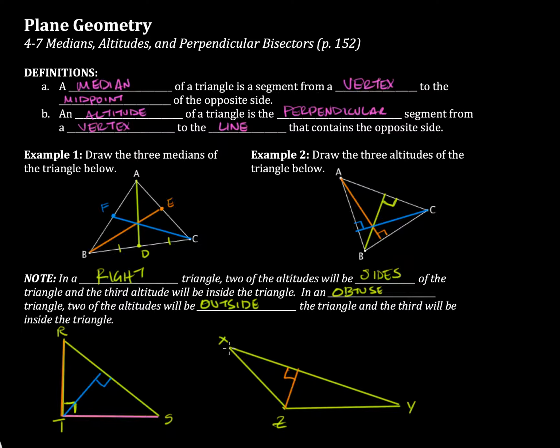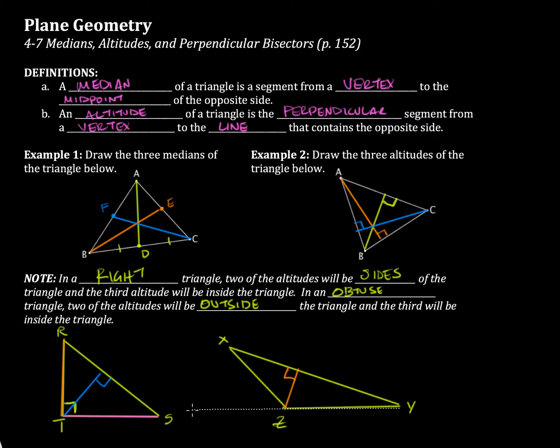But if I make the altitude from X, I can't go from X anywhere over here on the actual side of the triangle and get it to be perpendicular. What I have to do first is extend this side a little bit.